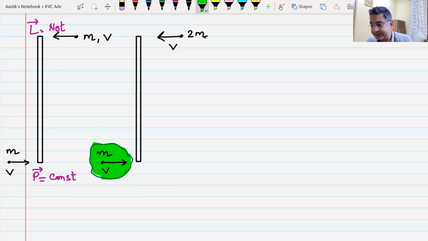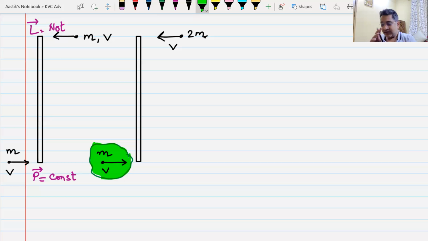Forget about energy. Energy has got nothing to do with collision. It has to do with what type of collision it is, whether elastic or inelastic. Forget about that part. I'm talking about momentum. Momentum has got nothing to do with energy. Energy is lost or not, momentum does not matter.